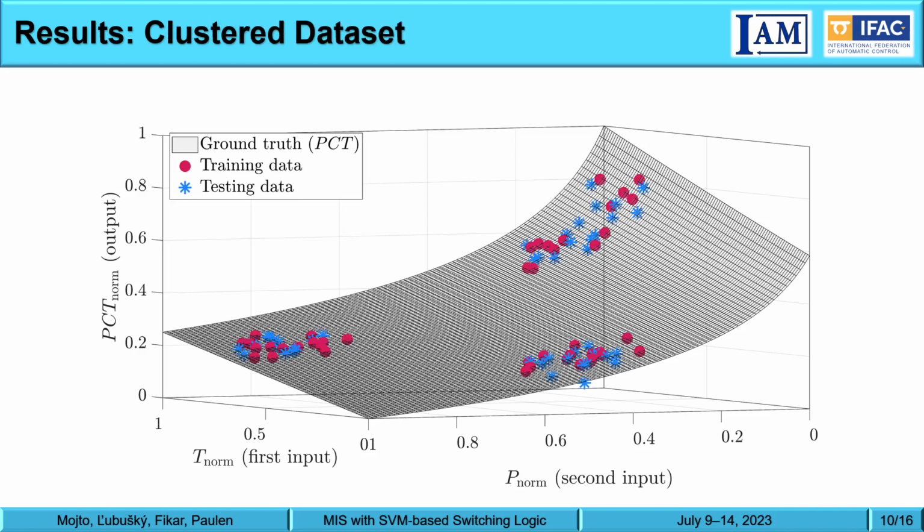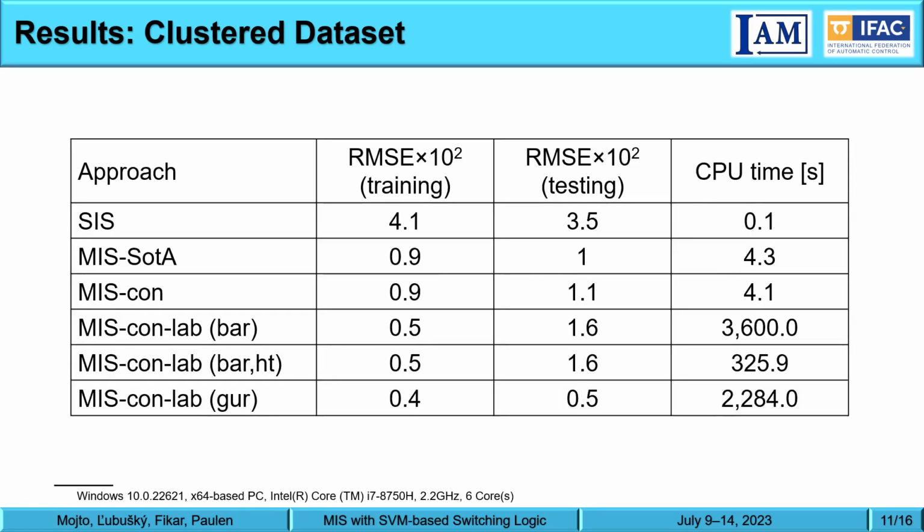The first scenario is that we have three visible classes of measurements, and we can also see that the measurements are randomly distributed to the training and testing data sets. This table represents the results from the design of the inferential sensor according to this scenario.